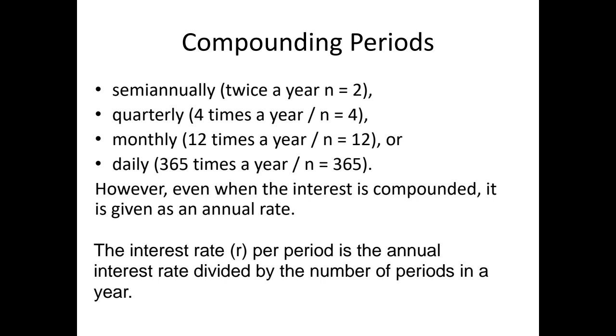Well, that's 4. So when you see quarterly, your n will be 4. Like on the monthly, how many months are there in a year? Oh, there's 12, so n would be 12. And if the problem says that the interest is taken daily, well, there's 365 days in a year, so your n will be 365. Okay, so these are the values that n can represent.